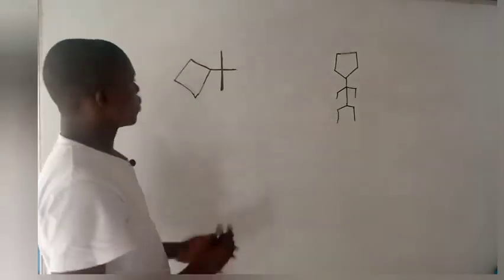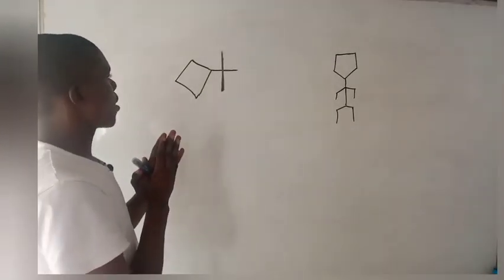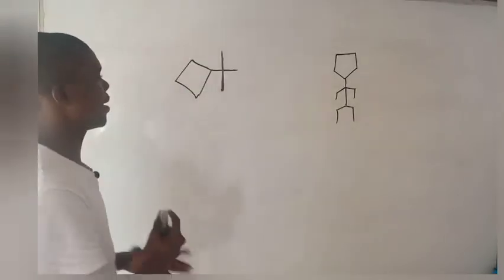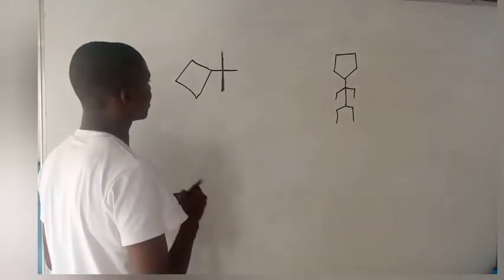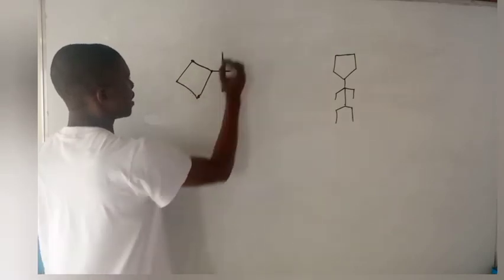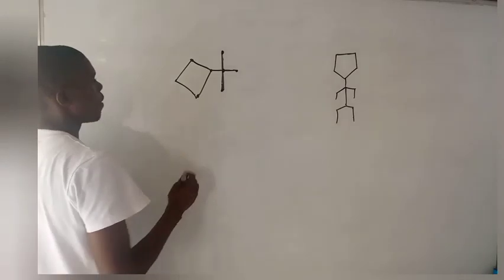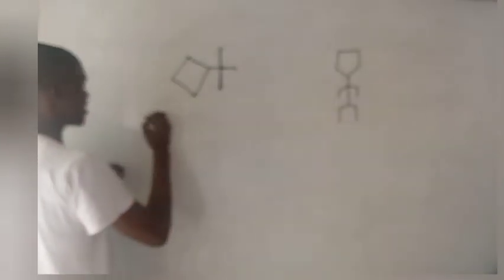Okay, now let's name this one here. If you are asked to give the nomenclature of this compound, what you want to understand is that here we have 1, 2, 3, 4, and here we have 1, 2, and 3. So the ring has 4 carbon atoms, 1, 2, 3, 4, so we call it cyclobutane.